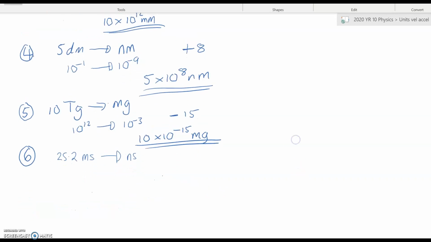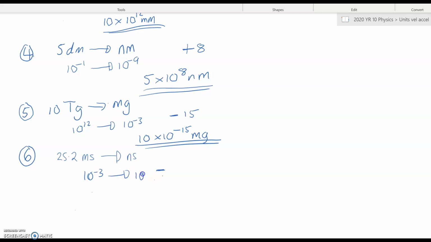And then finally, hopefully you're all nice and confident by now. We're going to go from milli to nano. So we're going from large to small, so we're going to have a positive value. Milli is going to be 10 to the minus 3.